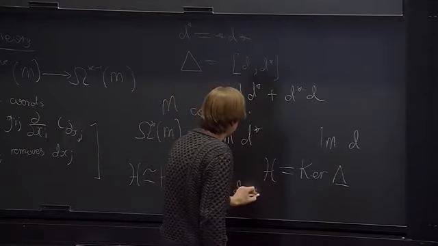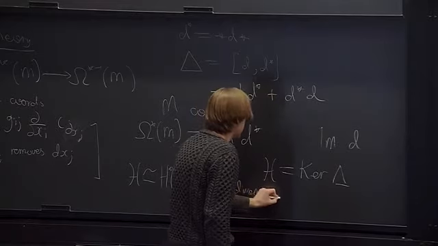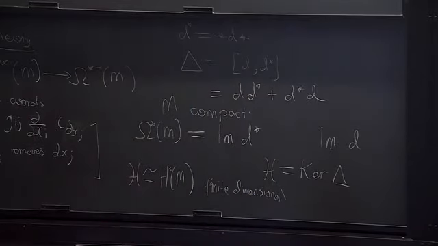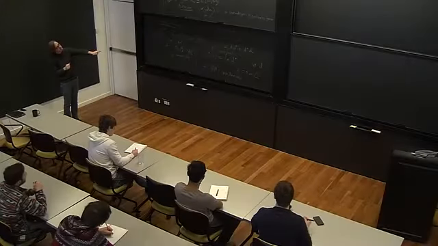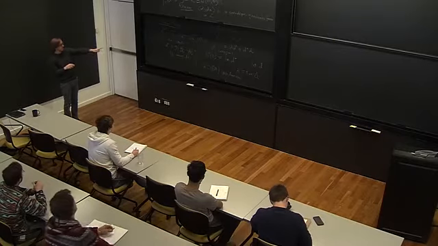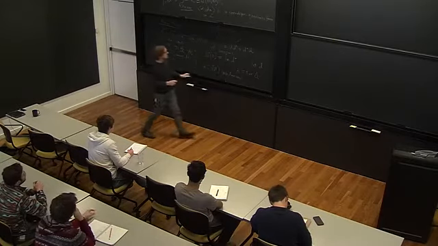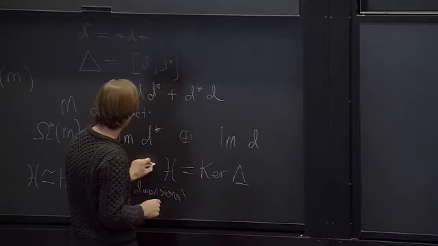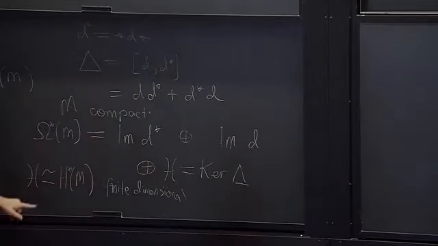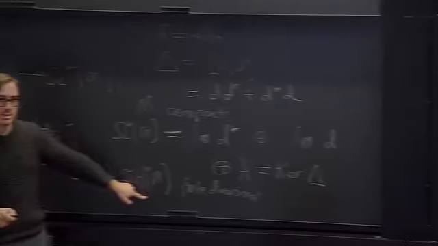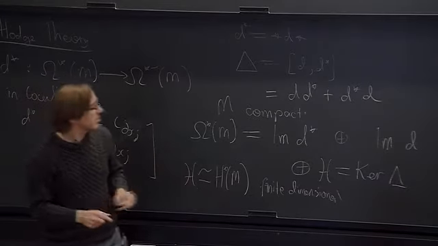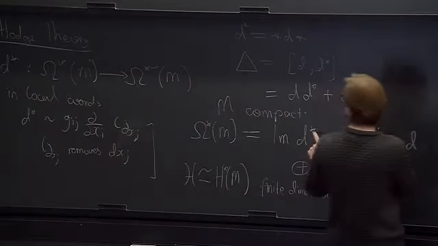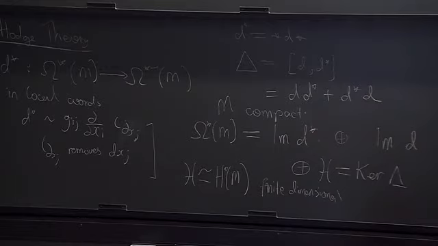And a standard Hodge theory observation is that every cohomology class has a unique harmonic representative. Okay, so why are we doing this? We have this decomposition into three pieces. And we know that these guys represent the cohomology. So somehow, these two pieces must cancel when we take cohomology.